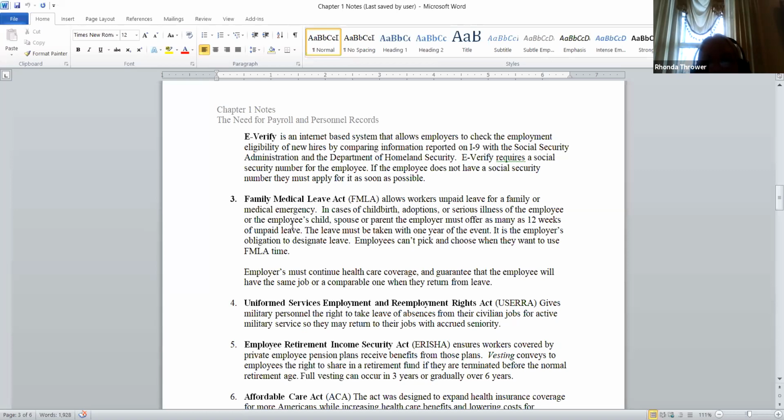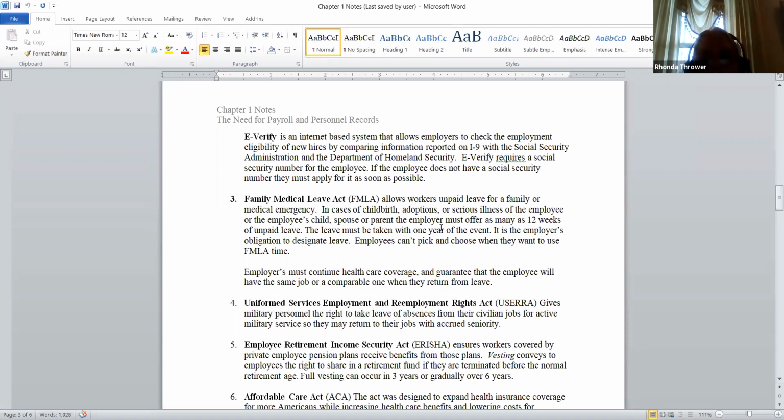If an employee goes on FMLA time, then the employer must continue their health care coverage. And they also guarantee that the employee will have the same job or a comparable one when they return from the leave. So the Family Medical Leave Act was designed to allow workers to get unpaid leave for family or medical emergencies.